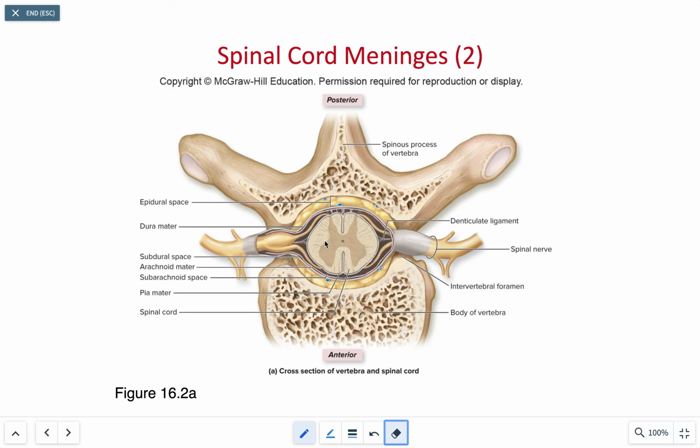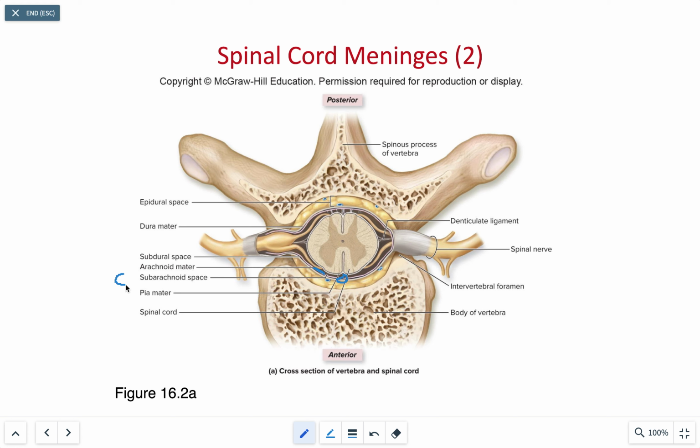The next region as we go down is pretty small, but it is the arachnoid mater, which I'll draw as a very thin line down here. You can see between the arachnoid mater and the dura mater, there's this little open space. This subarachnoid space holds the CSF.